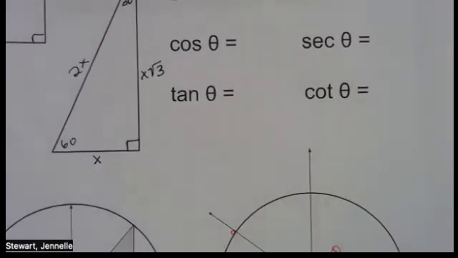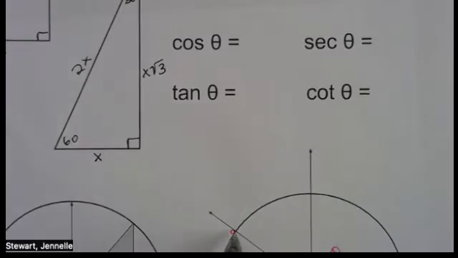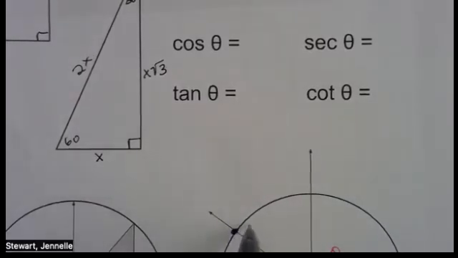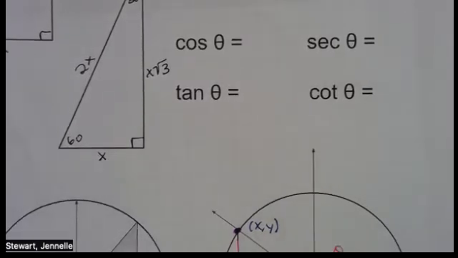This point right here, let me do it in blue, that point right there is XY, your XY coordinate. I'm going to draw a line down here to make a right triangle.